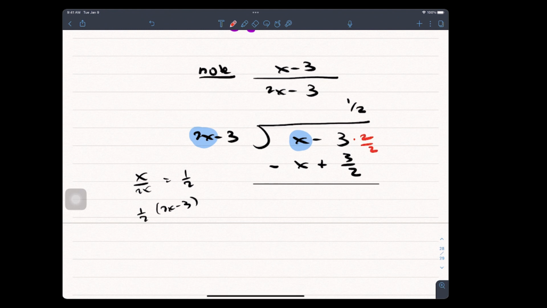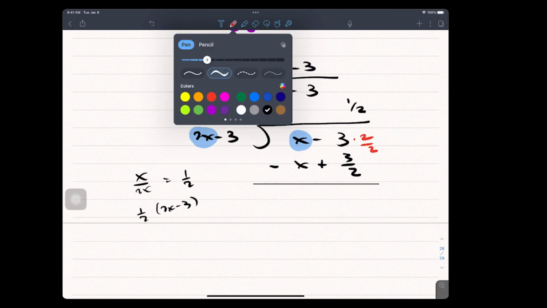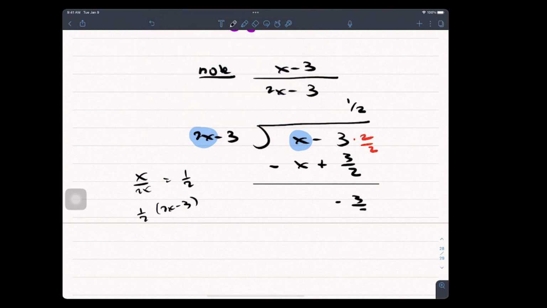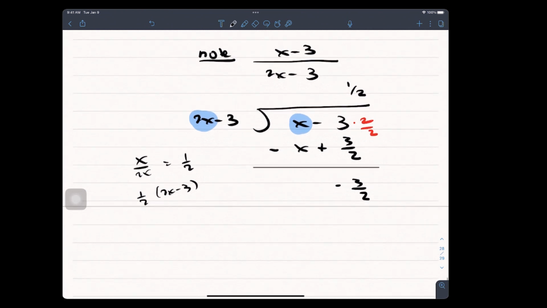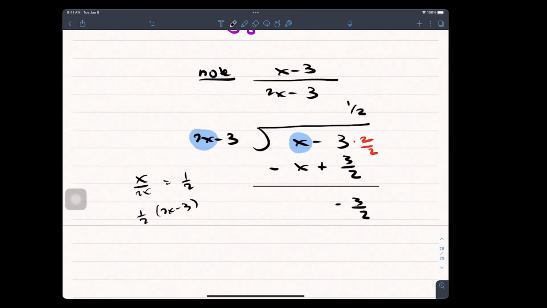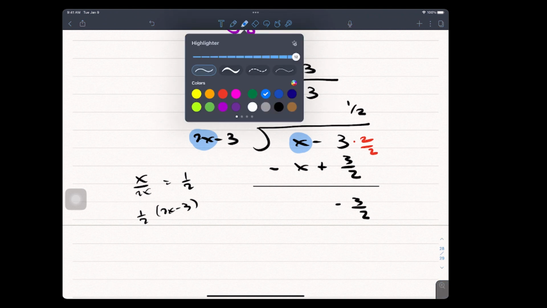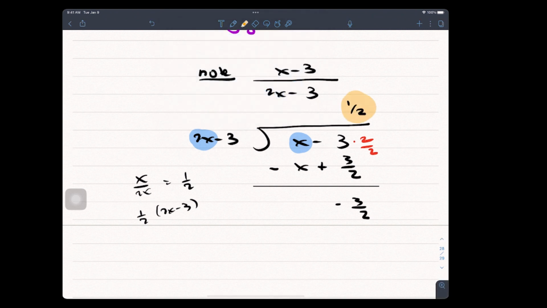So it's negative 6/2 plus 3/2, which gives you negative 3/2. Turns out you're done. I think you're done. So this is called, by the way, quotient remainder.